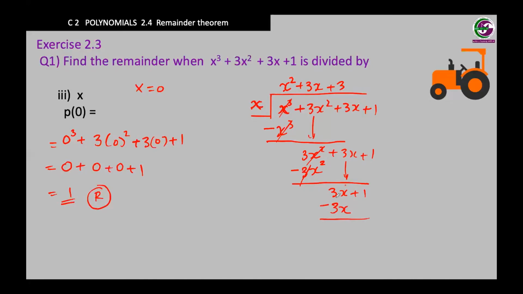Again, we minus, these two get cancelled, and the remainder is 1. So the two remainders, we get it same. So since the remainder is 1, we can say that x is not a factor of x cubed plus 3x squared plus 3x plus 1.